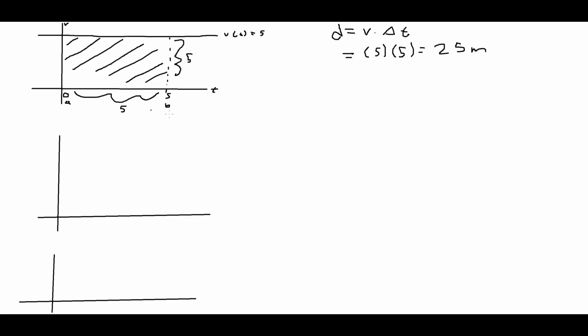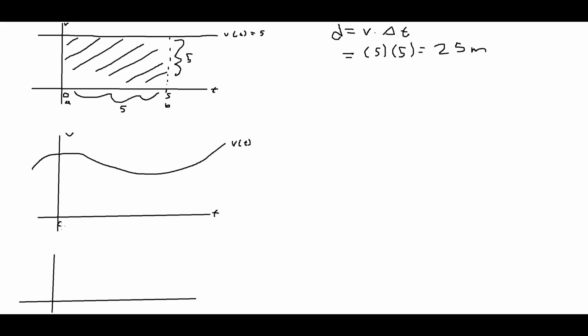So what would happen if we had an irregularly shaped curve for velocity instead of a line? Something like that. Call this v of t, v and t.